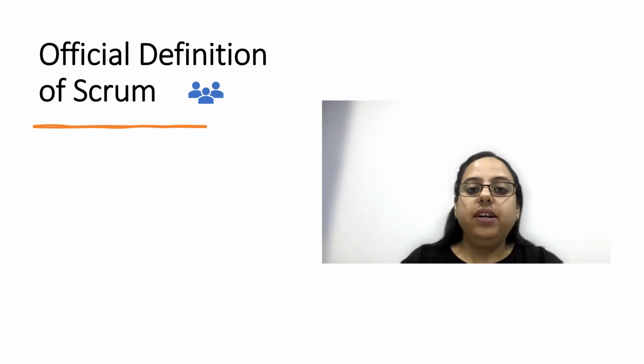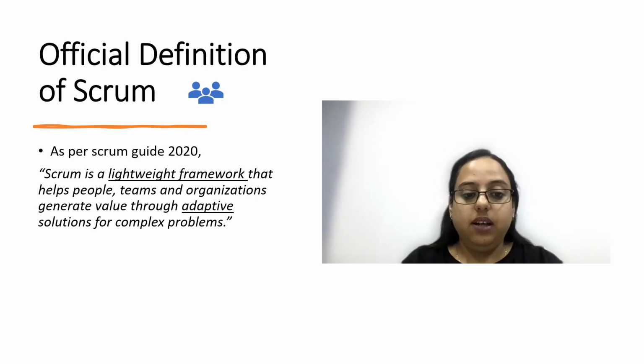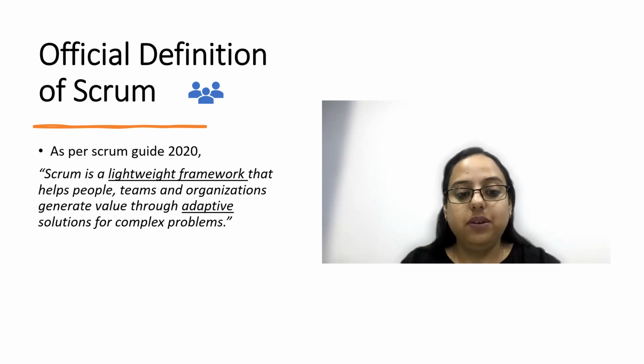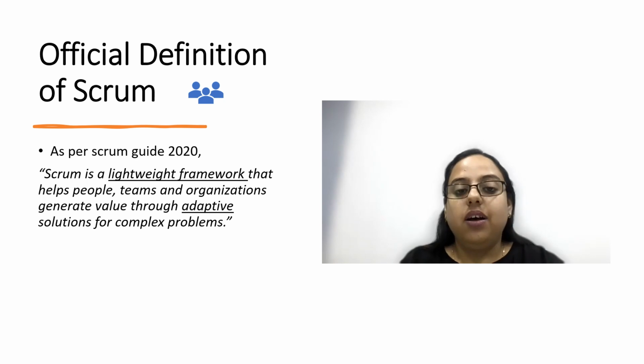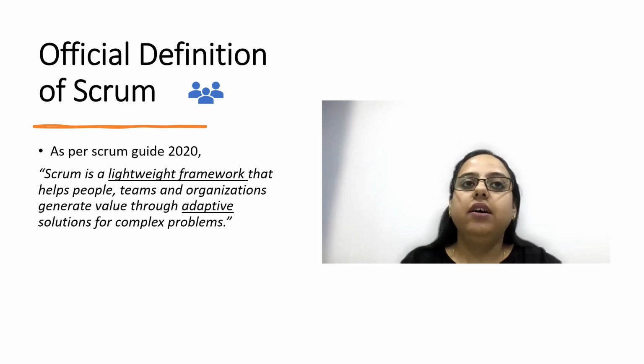As defined in the Scrum Guide 2020, Scrum is a lightweight framework that helps people, teams, and organizations generate value through adaptive solutions for complex problems. When we say adaptive solutions, we mean that we deliver value incrementally.